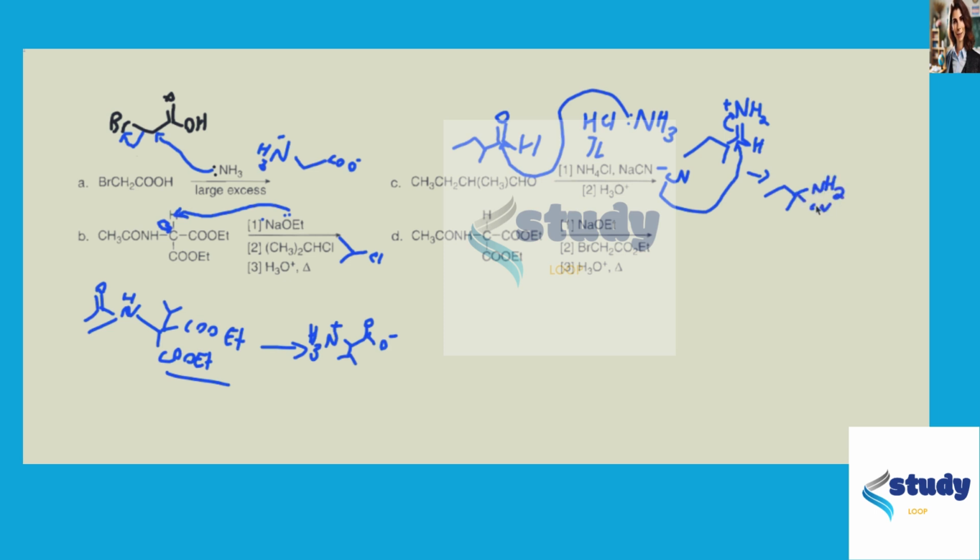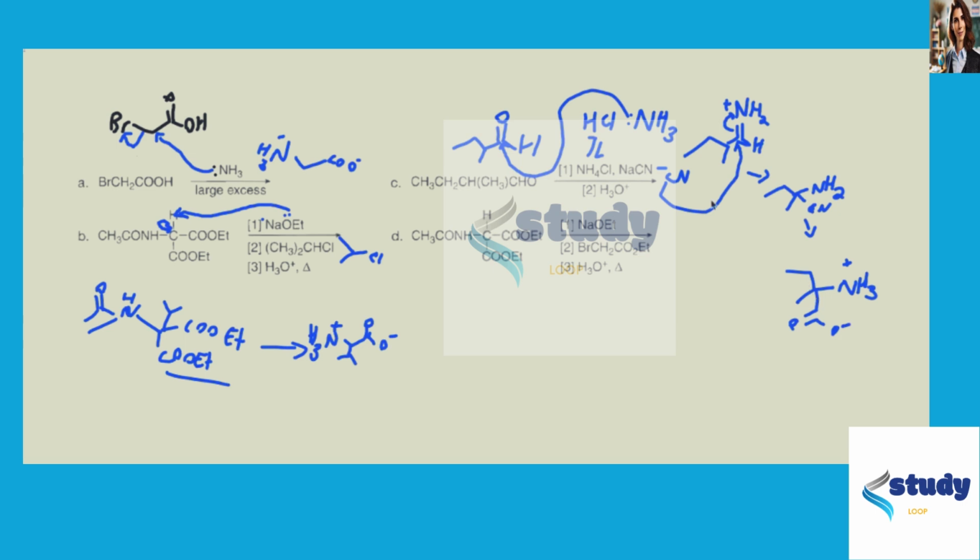And then through hydrolysis, cyano will get hydrolyzed to carboxylic acid. And this will leave us with our amino acid here, through acid catalyzed hydrolysis. This is now the amino acid.